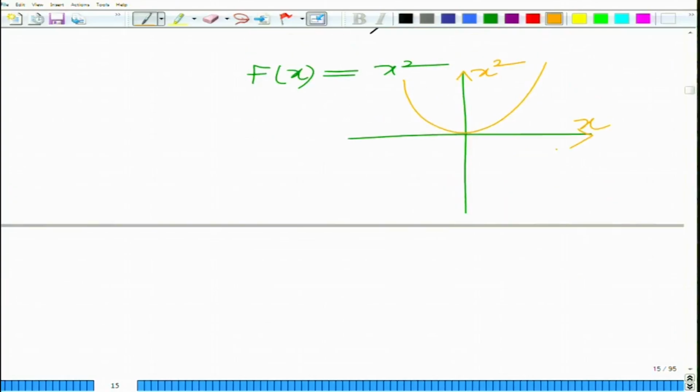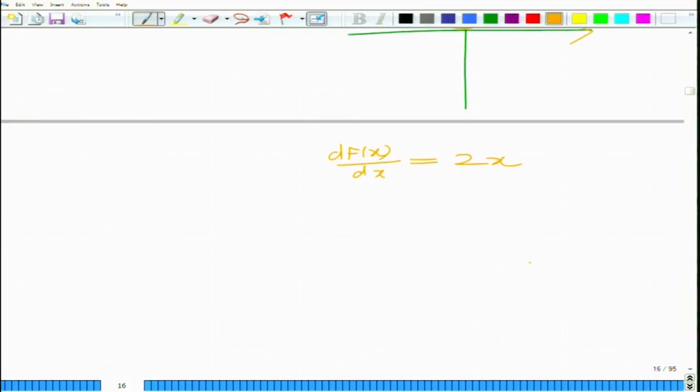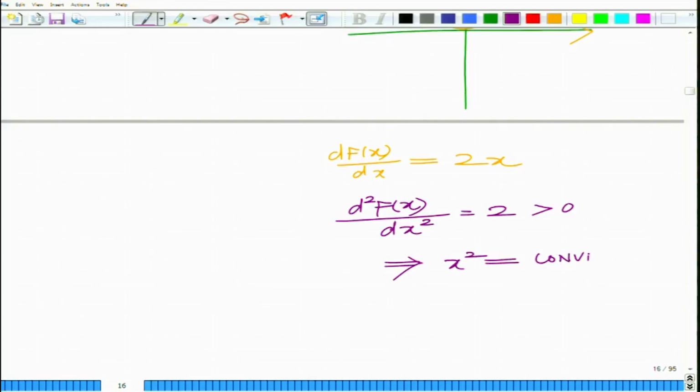This is very straightforward: df(x)/dx equals 2x, and d square f(x)/dx square equals 2, which is greater than 0, implies x square is convex. Okay, x square is a convex function.